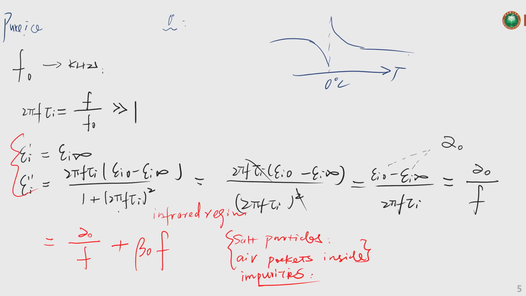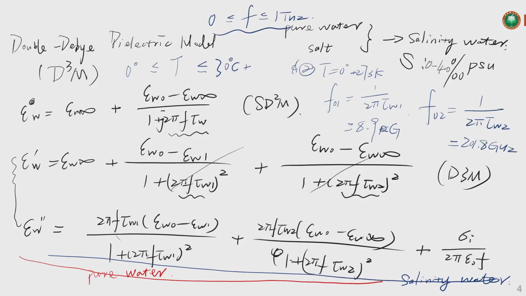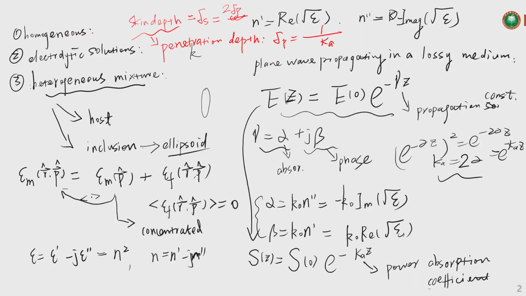So if there are inclusions inside of the material, for example, as we mentioned previously, we usually assume them to be ellipsoids, right?